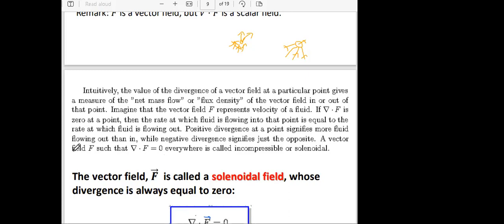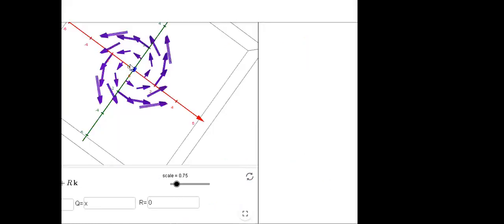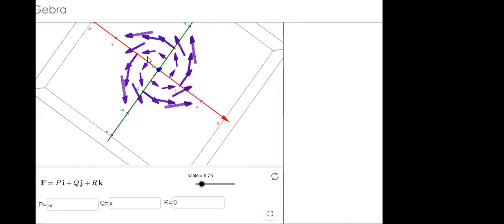Incompressible. Solenoidal. So this is an example of a solenoidal vector field, because if you compute the divergence of this vector field at any point, you get zero.